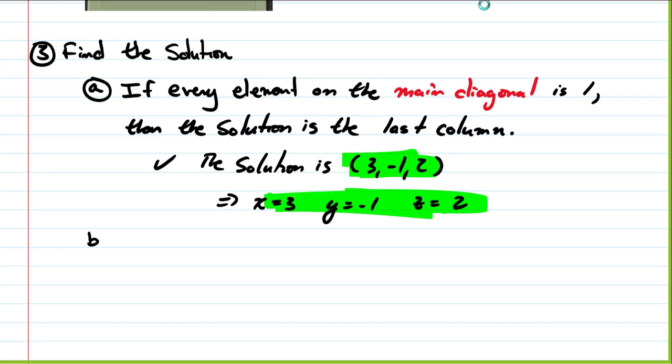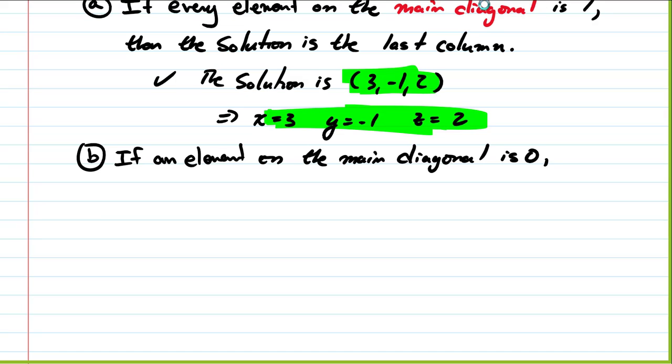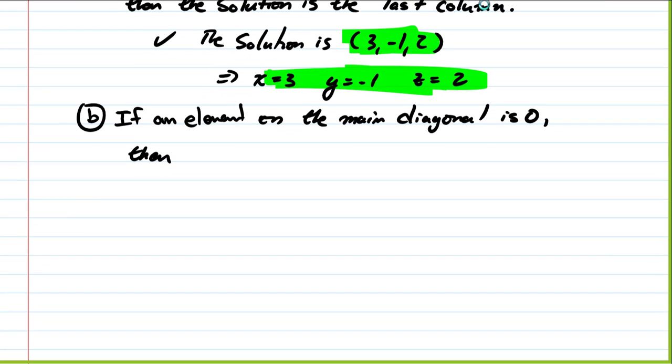So the thing that can happen is if every element's not a 1. So if an element on the main diagonal is 0, then two things can happen.